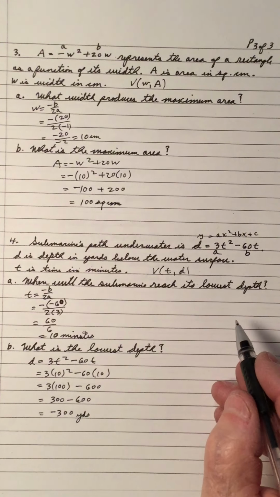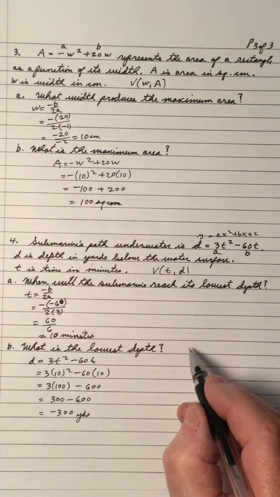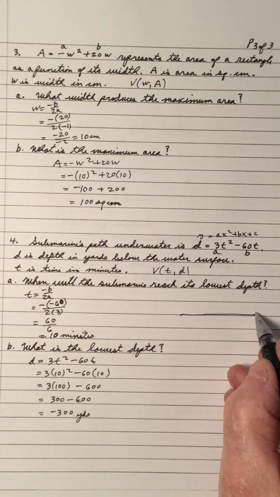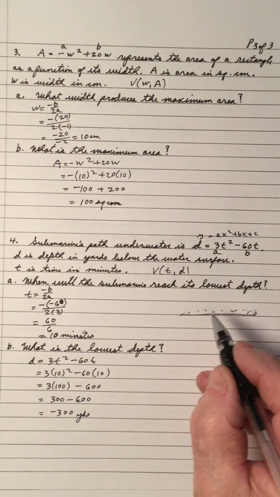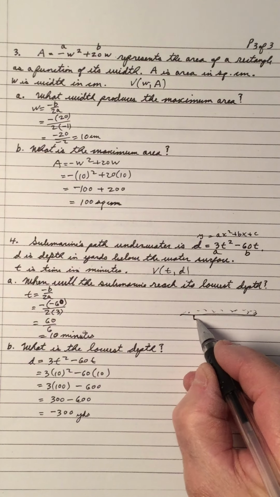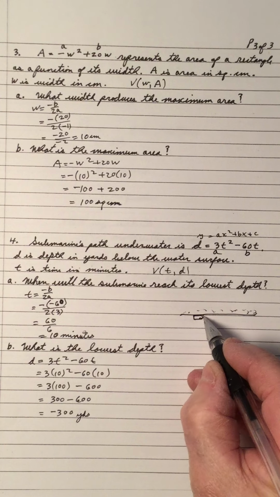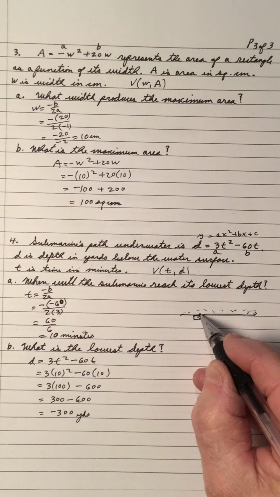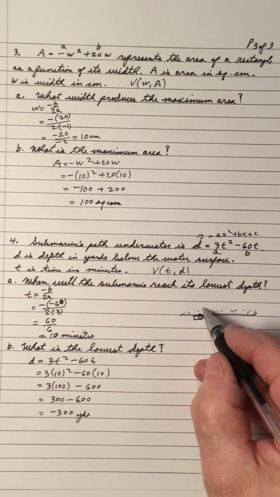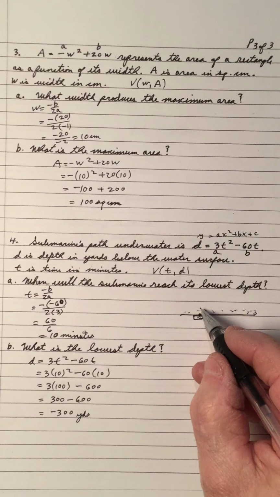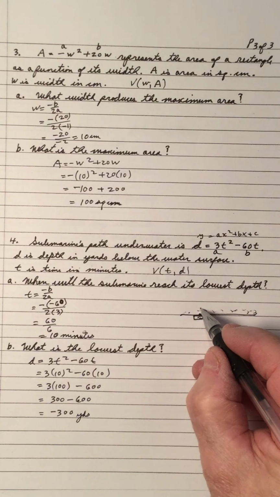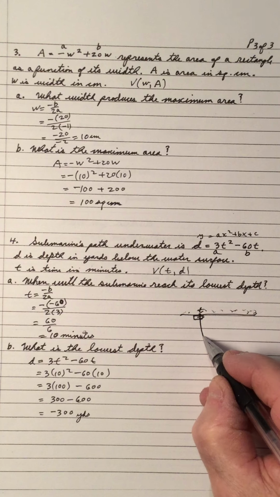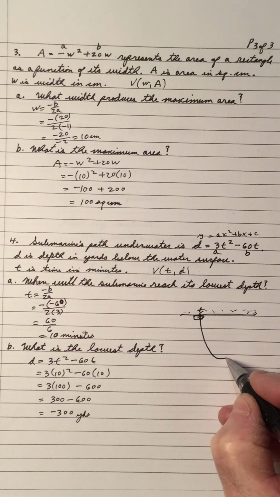Let me explain it in terms of a diagram. So if you think about it, if you have the surface of the water, pretend that's waves, and underwater, pretend you have a submarine that's lying in the water, and the submarine is resting, so that's a 0 depth. That's when your time is 0, so this is T, and the submarine goes down in the water and then it comes back up again.